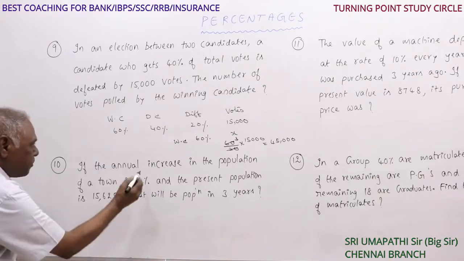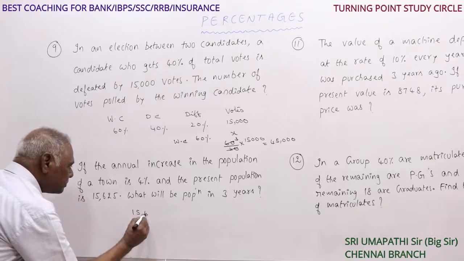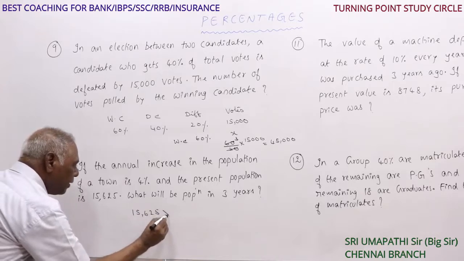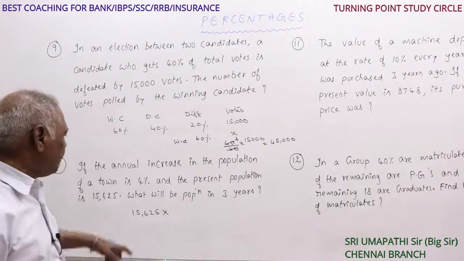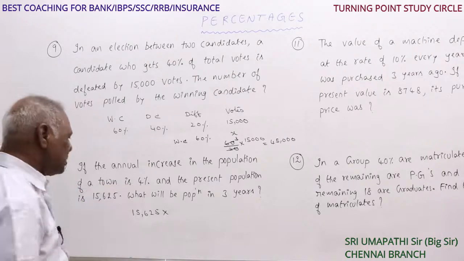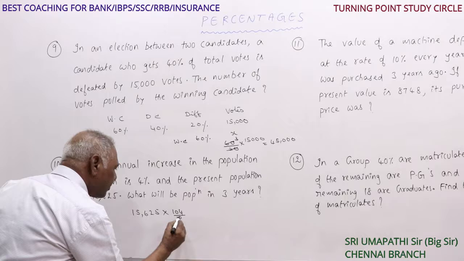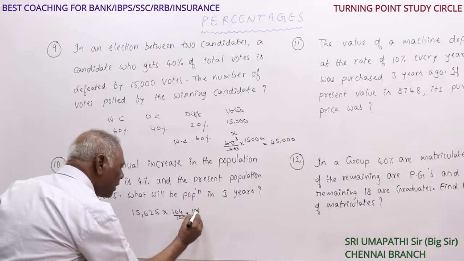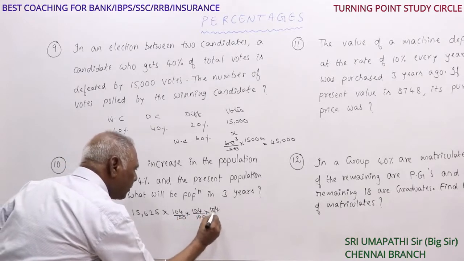So P is given to be 15,625 into (100 plus R by 100) whole to the power of n. It is increasing, so 100 plus R, it is equal to 104 by 100 into 104 by 100 into 104 by 100.